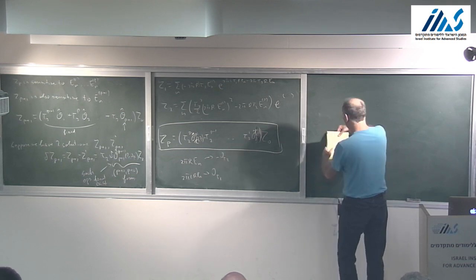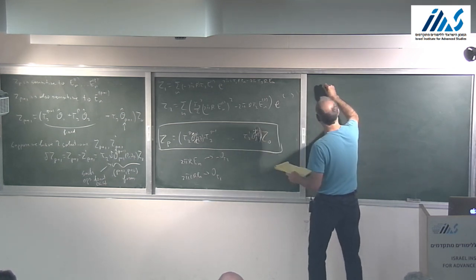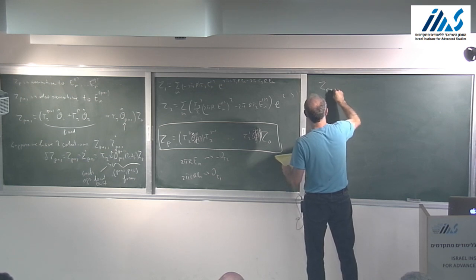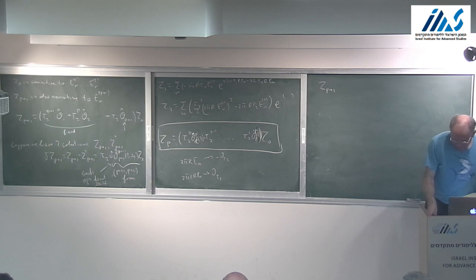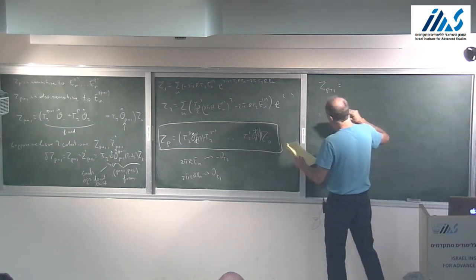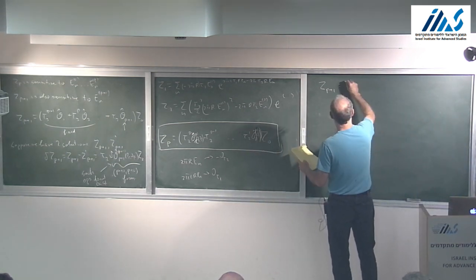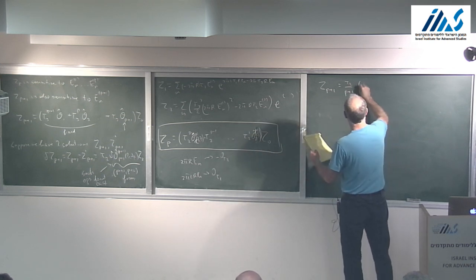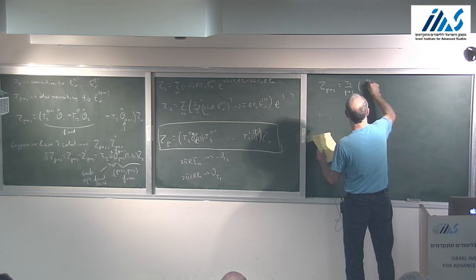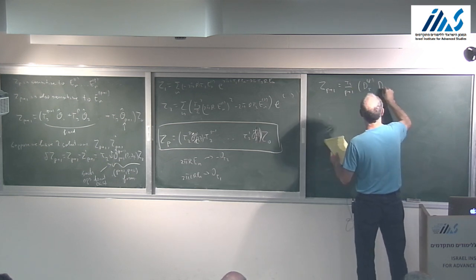Let me first write it and then talk about it a little bit. So I claim that if you write the recursion relation, I'll explain what I mean by these objects in a second.